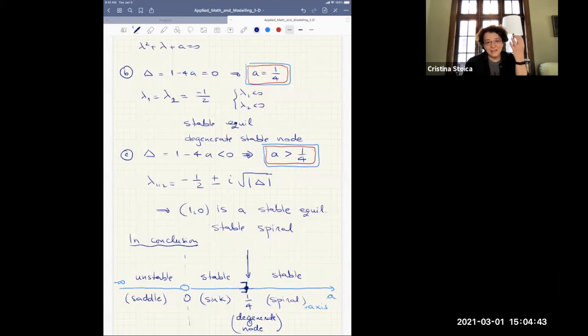But you get the idea that when a parameter changes, the behavior of the system can change, and this leads to the understanding that little changes can cause huge catastrophes, right? And this is in relation, if you want, to climate change. It's actually called catastrophe theory.